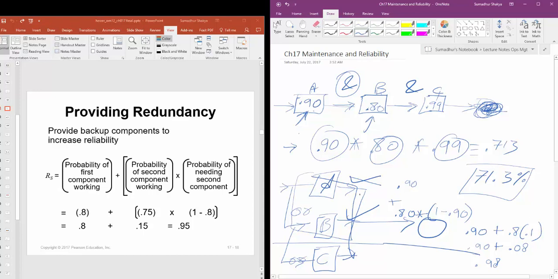Now the key takeaway point is that the resulting probability of success, or the system working, is higher than any of the individual probabilities of success. A had a 90% success rate, B had an 80% success rate. This is like saying at any given point in time I will have 2 security guards ready. Even if one fails, the second one will be able to shoot the bad guy.